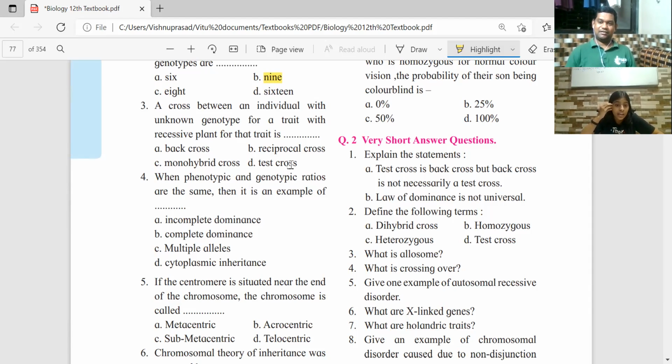What is it called? It is a test cross. If you cross with a recessive, it is a test cross. If you cross it with any one of the parents, it is a back cross. And a back cross is also called a reciprocal cross.